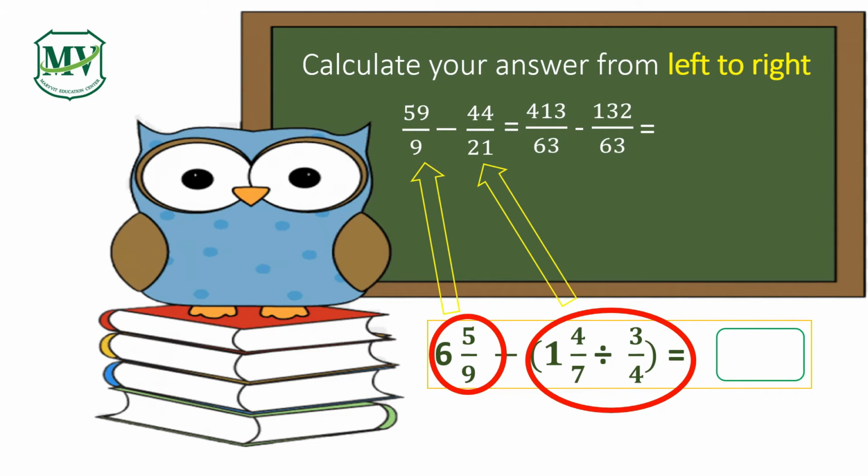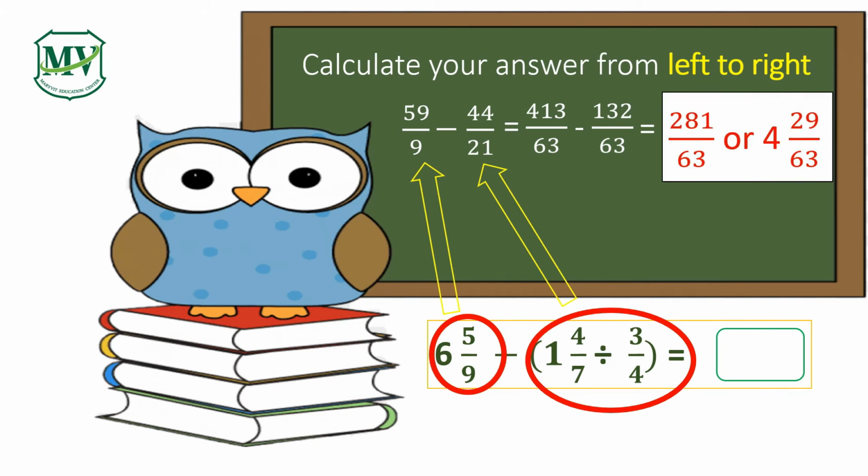Then 413/63 minus 132/63 is equal to 281/63. Or in mixed fraction, it will be 4 and 29/63.